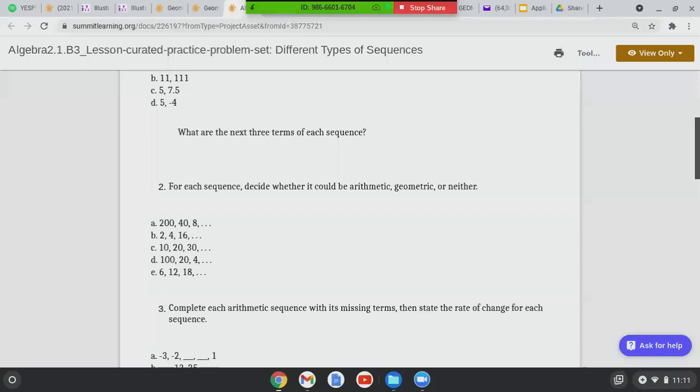So from the first term to the second term, you can multiply by 2 or add 2. We can look geometric or arithmetic just in the first 2 terms. But once we get from the second term to the third term, if we try it from a geometric standpoint, we would have to say 4 times 2 doesn't give us 16. So is it neither? That's right. So that one is neither.